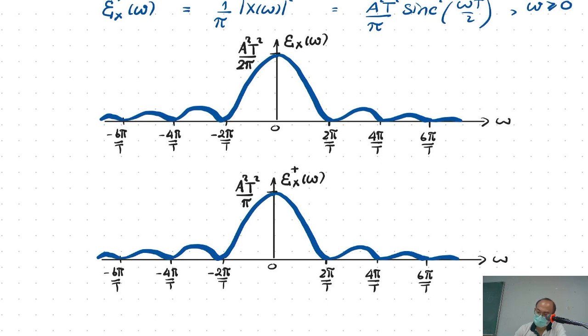And I know that it is defined only for positive frequencies, right? So I'm going to erase the negative parts out of the picture. Here. All right. And then for negative frequency, it is 0.